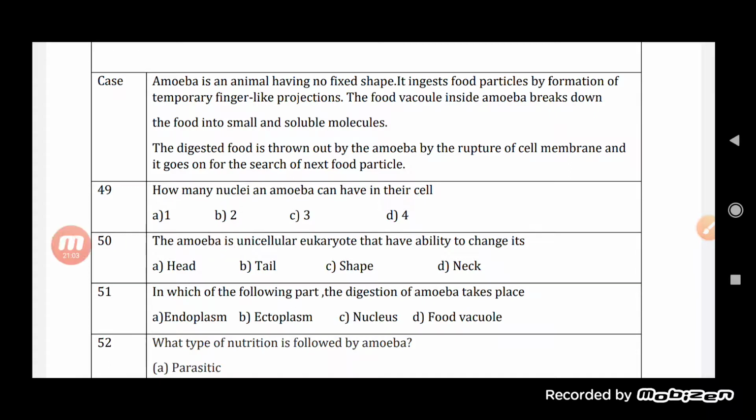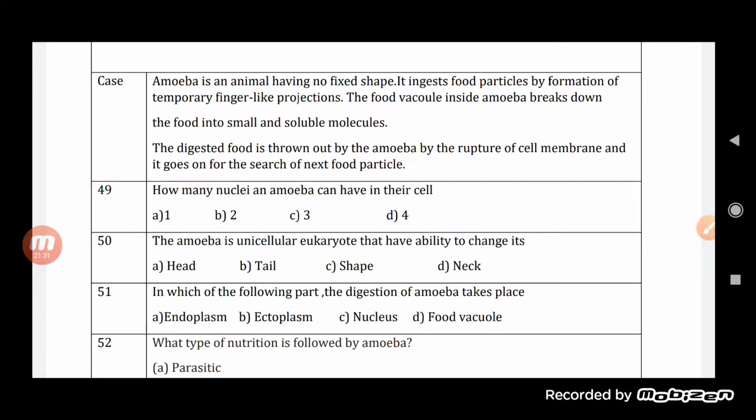The digested food is thrown out by amoeba by the rupture of the cell membrane, and it goes on in search of the next food particle. Now you see here that the amoeba does not have a fixed shape. It has pseudopodia, which help in engulfing the food particle.